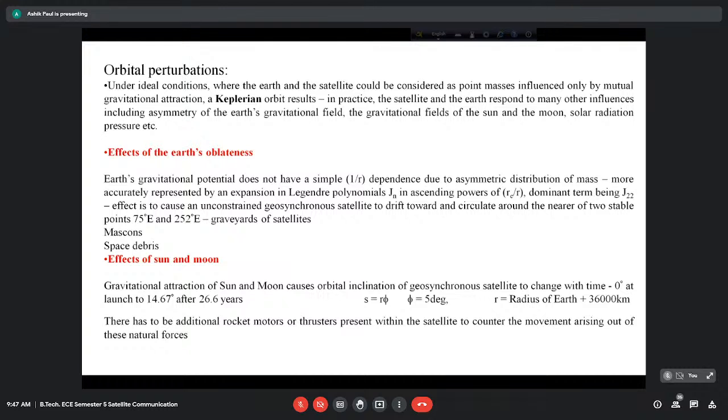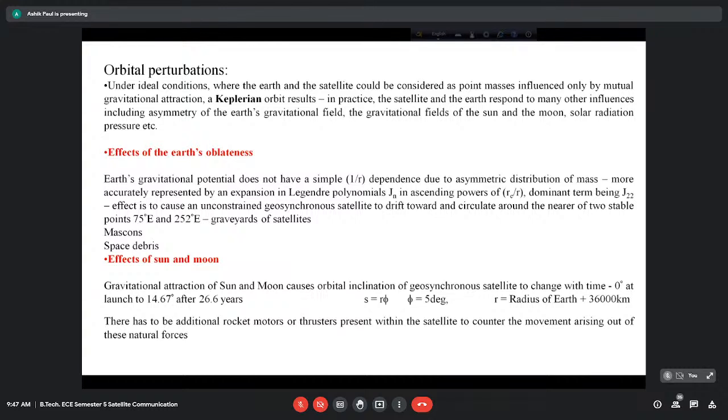So as a result, during the effective period of operation of a satellite, there has to be some measures taken in order to correct this.